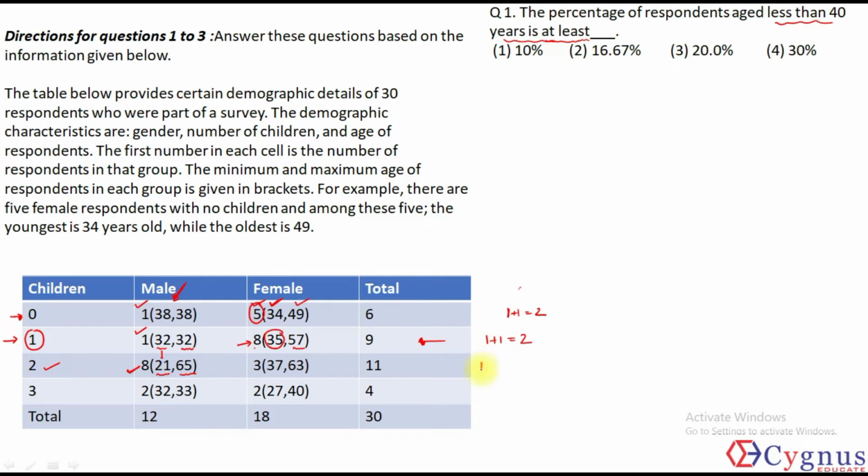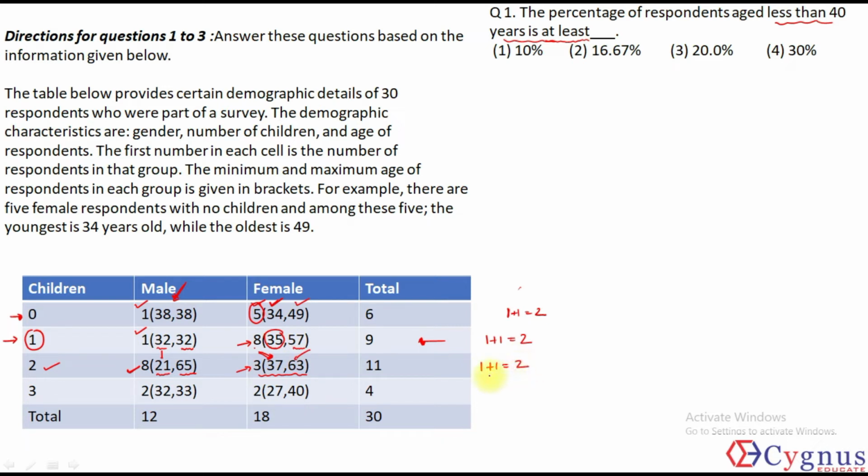So I'll get one male from here. Same is the case here. How many females are there? 3. They have exactly 2 children. And what are the ages? The minimum age is 37 and the maximum is 63. So I'll assume that only one female is 37 years old and the remaining 2 females are more than 40 years. So I'll get one female from here.